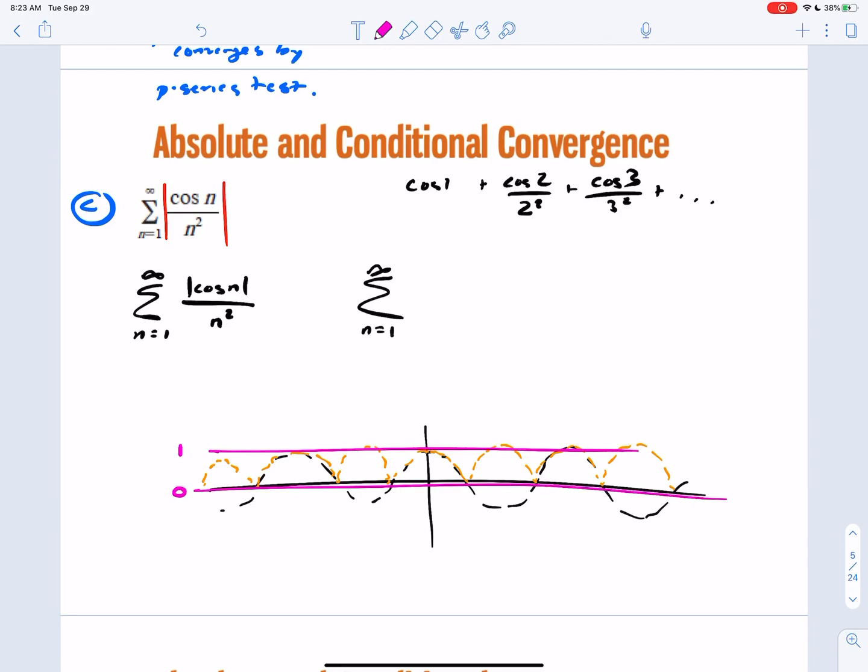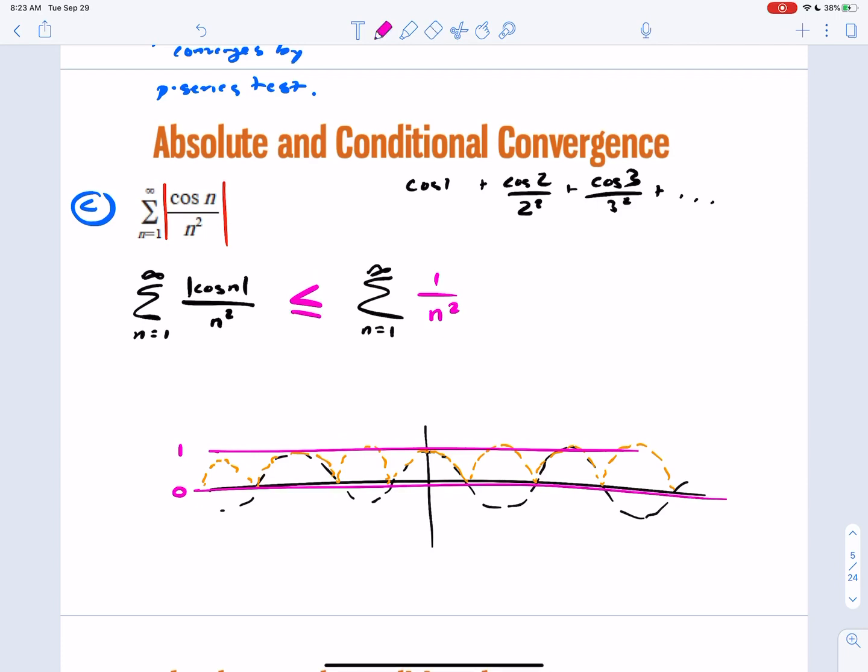So I can compare it to 1 over n squared. Cosine has to be at most 1, so it has to be less than. Actually, the more technical way of writing this is less than or equal to.